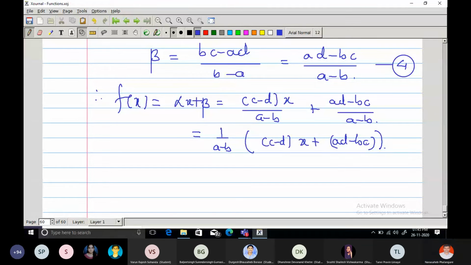Then this function f from AB to CD is a bijection. Can you prove this?